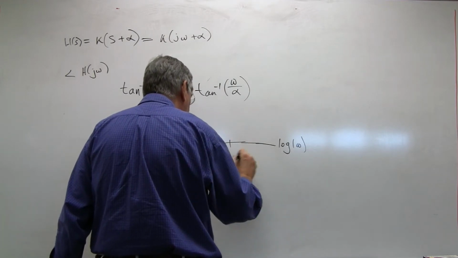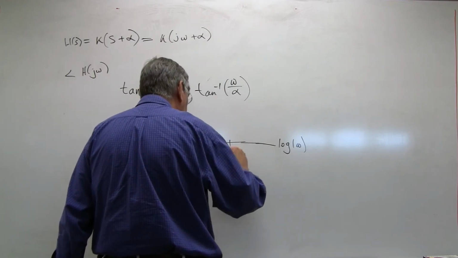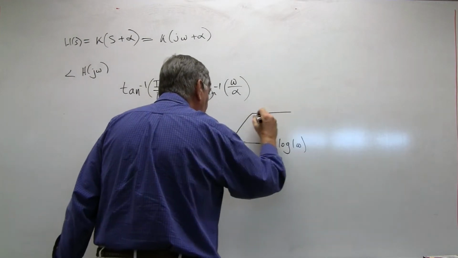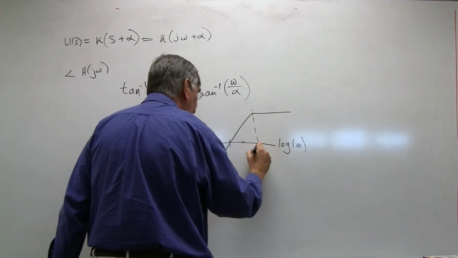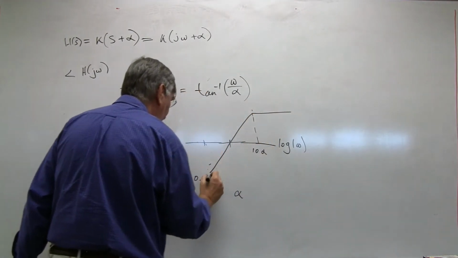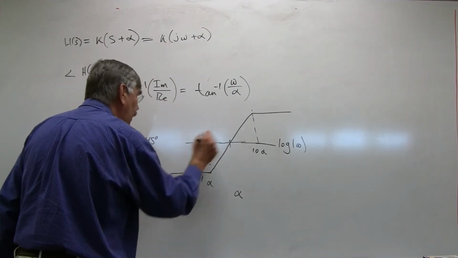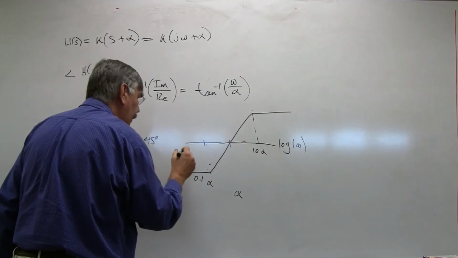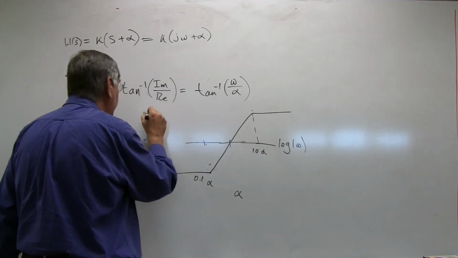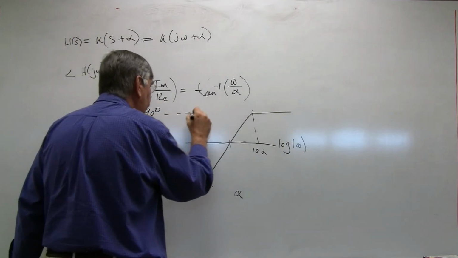And at a frequency of alpha, this thing is going to do this. And we make a plot that goes up to 10 alpha and down to 1/10 alpha. And this thing will hit 0 degrees down here and plus 90 degrees up here.